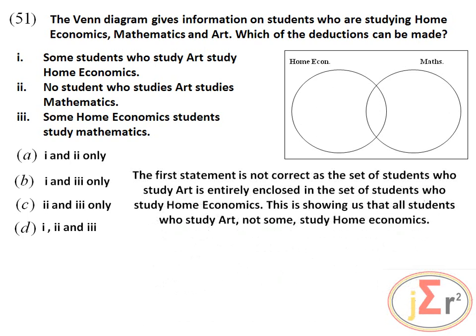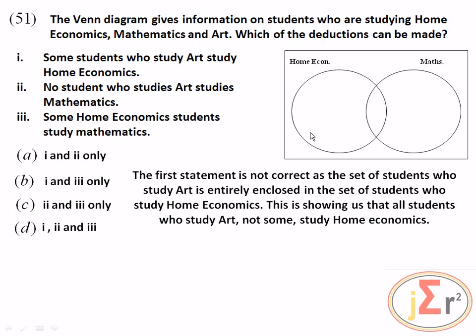Now, the first statement, which says some students who study art study home economics, is not correct, as the set of students who study art is entirely enclosed in the set of students who study home economics. This is showing us that all students who study art, not some, all study home economics.